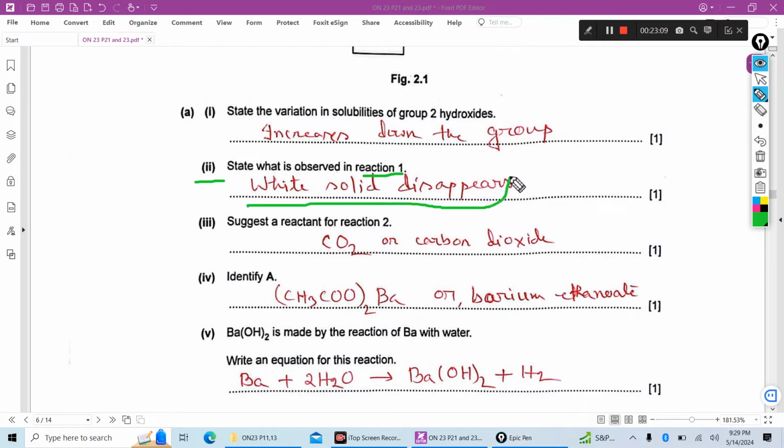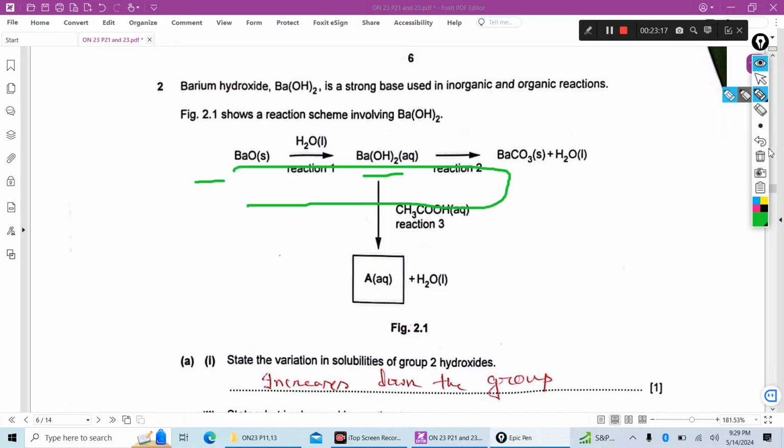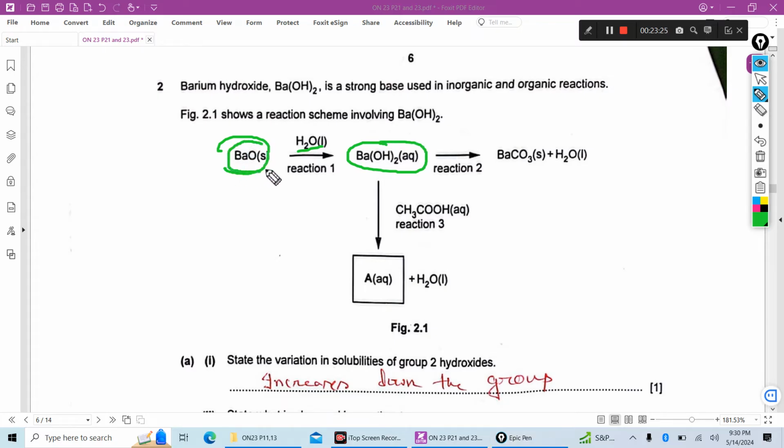The white solid disappears. Why? In reaction 1, barium oxide dissolved in water forms barium hydroxide aqueous solution, which is soluble. So the white solid disappears, you will observe.